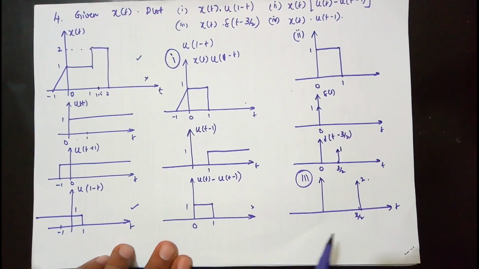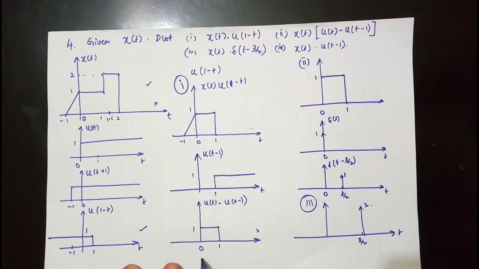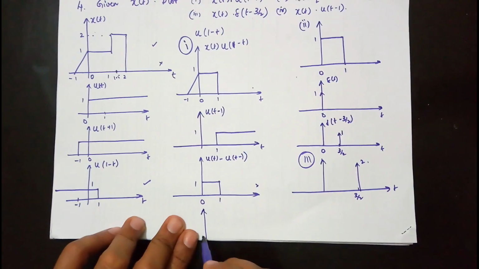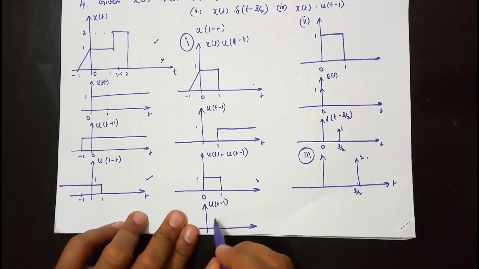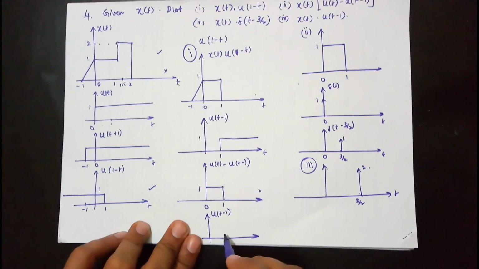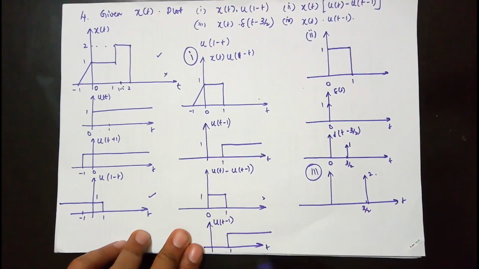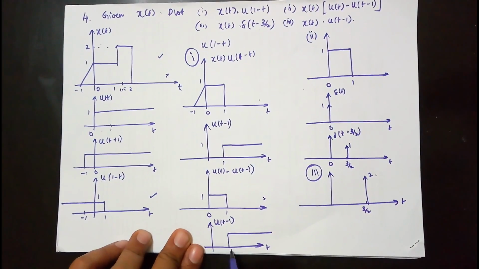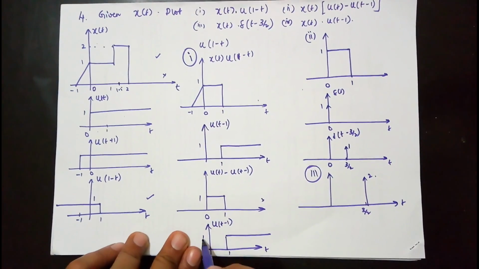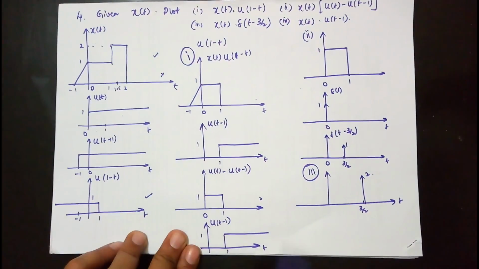Now the fourth case is u of t minus 1. Now what is u of t minus 1? We already know it is u of t shifted right by 1. So it will be shifted like this, and it will extend from 1 to infinity. Now if you multiply any waveform with an amplitude of 1 with x of t, your original waveform, you will get back the original waveform.